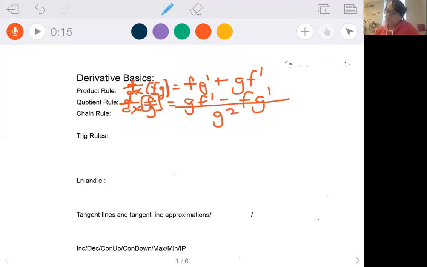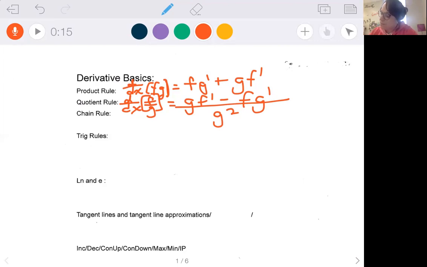Our chain rule is the derivative of a function within a function. So it might be the derivative with respect to x of the sine of f of x, a linear function inside of a trig function. Remember, for our chain rule, we take the derivative of the outside function. In this case, sine becomes cosine. We keep the guts, or the g of x, intact.